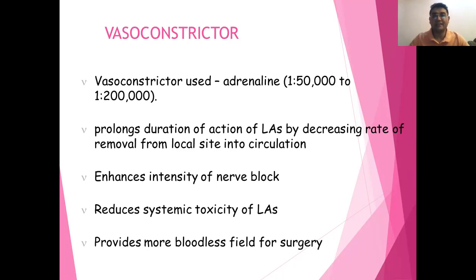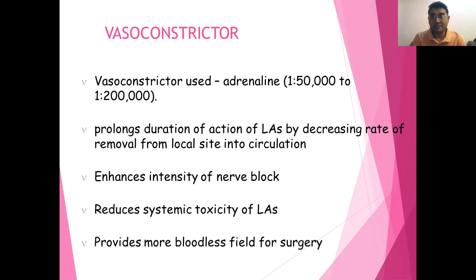What is the role of adrenaline when it is used with local anesthetics? First, it prolongs the duration of action of local anesthetics by decreasing the rate of removal from the local site into the circulation. Why does it decrease the removal of local anesthetics from the site? Because the vasoconstrictor causes constriction of venules and arterioles.